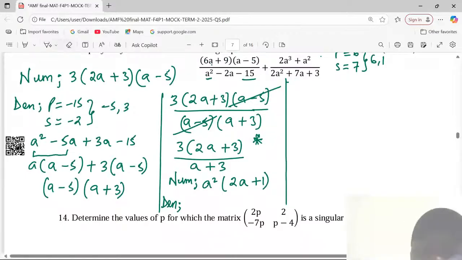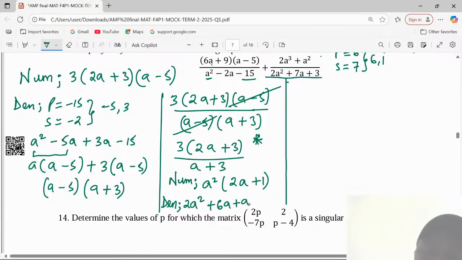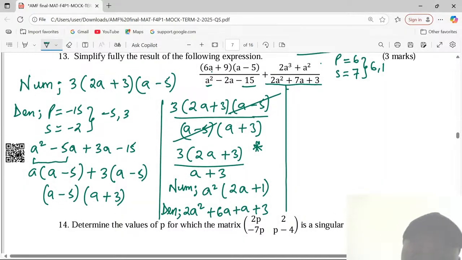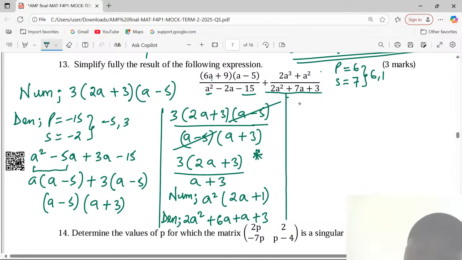The denominator here can now be written as 2a squared plus 6a plus a, then plus 3. From the first two, I'm factorizing 2a so that I remain with a plus 3.